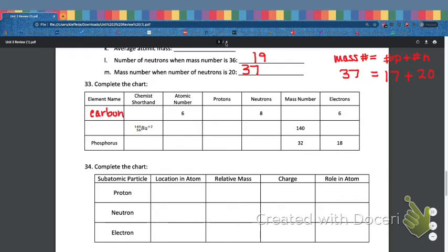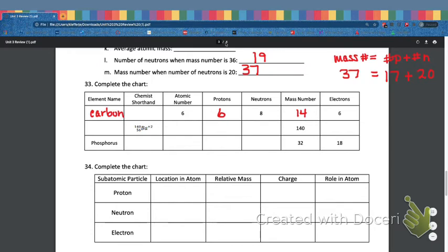Because its atomic number is 6, that means the number of protons is 6. And the mass number is the protons plus the neutrons, so that's 14. There are 6 electrons, so this is a neutral atom.